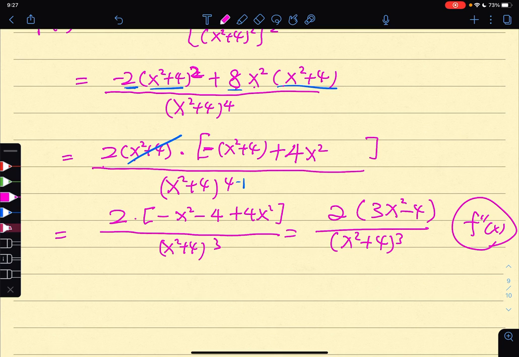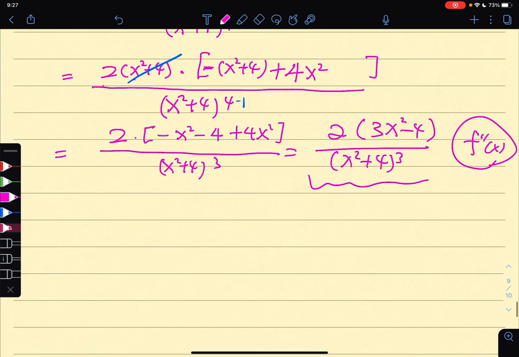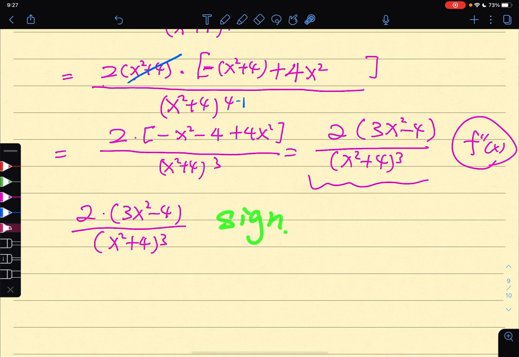When I try to decide whether it's concave up or concave down, I need to decide when this expression would be positive or negative. So when I try to discuss 2 times 3x squared minus 4 divided by x squared plus 4 cubed, you probably have realized the positive and negative property of it is independent of this 2, because times 2 doesn't change the sign of it.